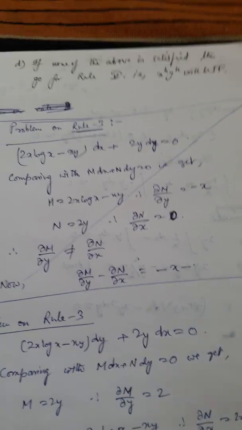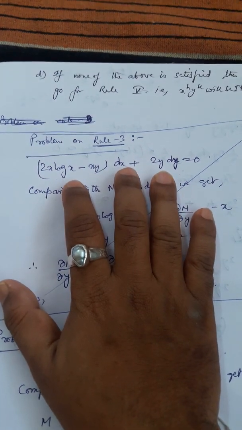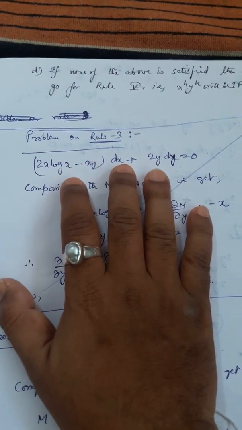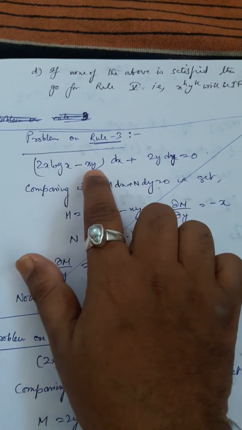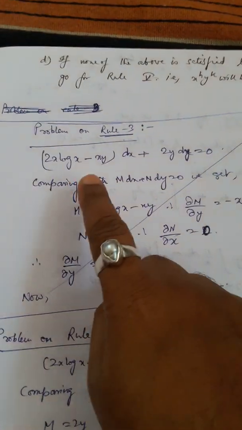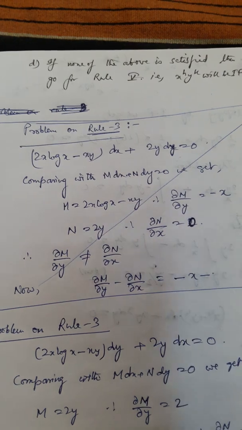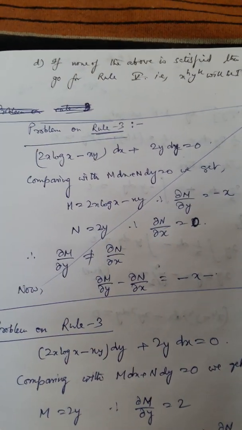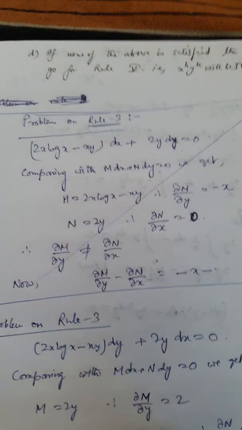So you can find the integrating factor by this rule. Now, as you can see, a problem is copied over here. What happens exactly, our mind setup is such that every function will be multiplied by dx first, then by dy. So I copied it exactly. I am keeping this one because of an example. What happens at the time of exam, so many students found difficulties to solve the problem, because you can see the problem.